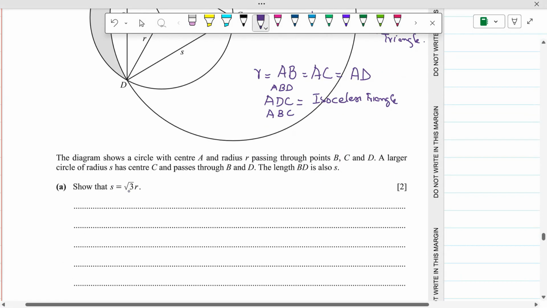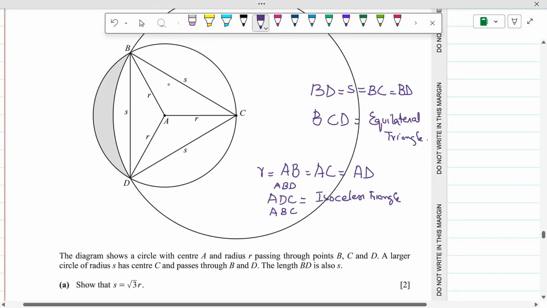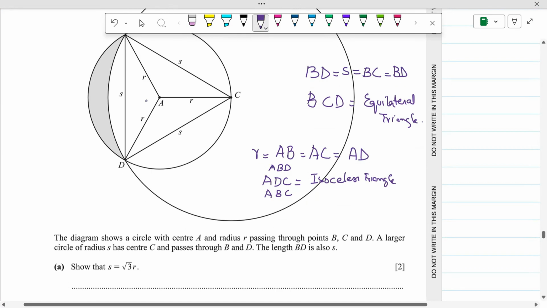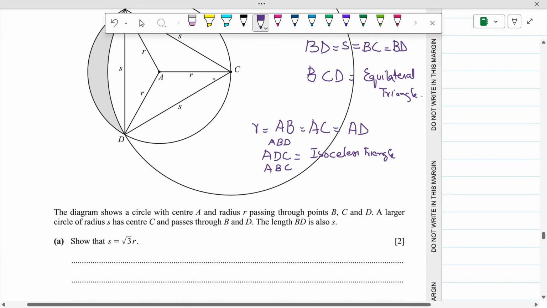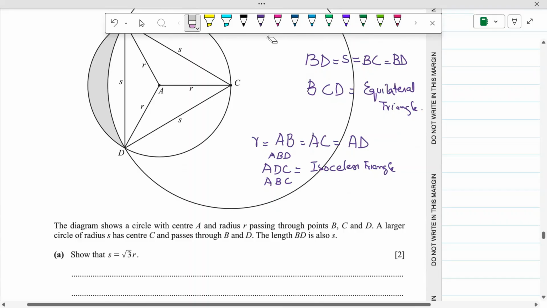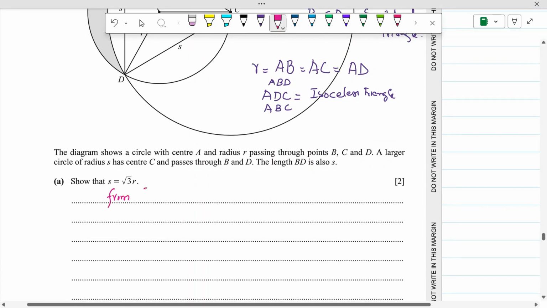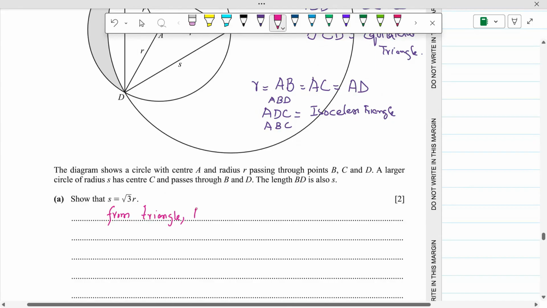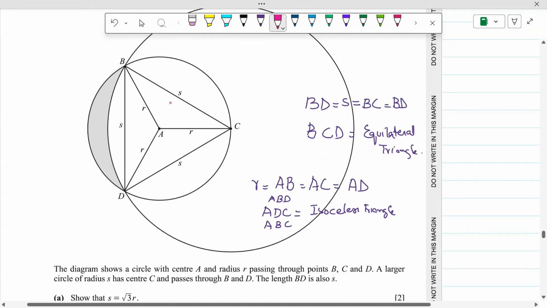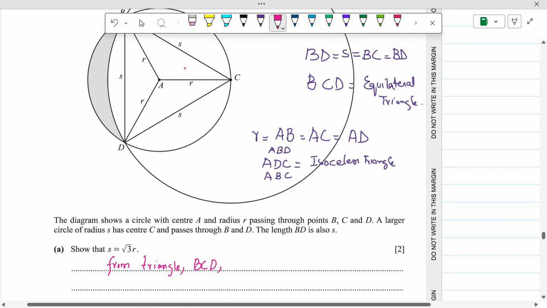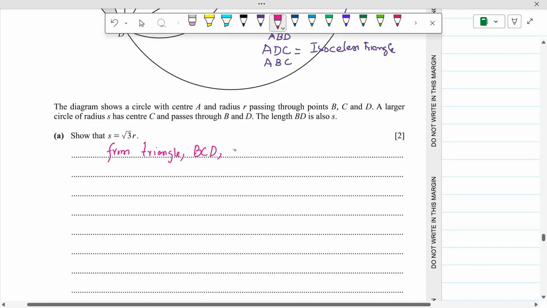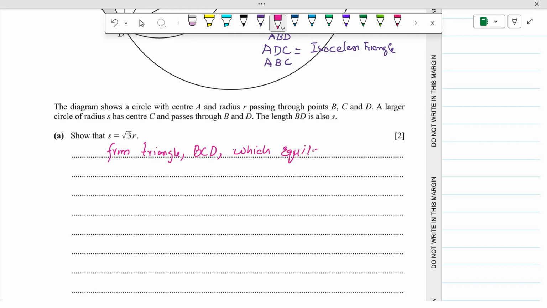Show that S is equal to root 3 R. We need to show that S is equal to root 3 R. From the figure, triangle BCD, we know that the triangle BCD is an equilateral triangle.